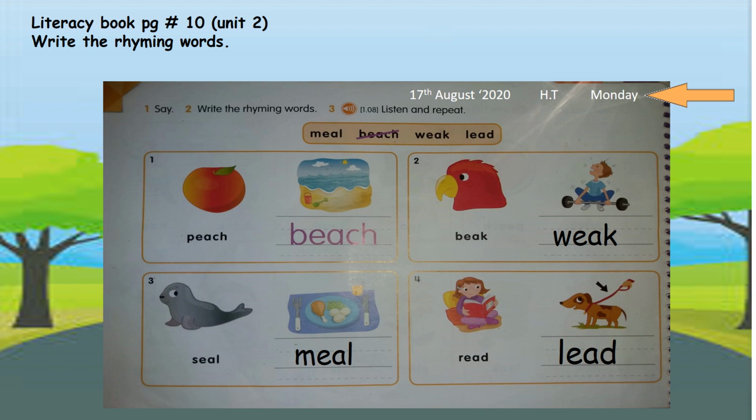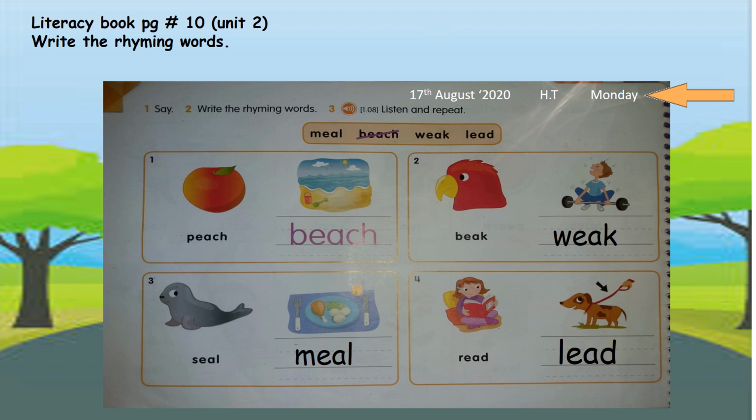Okay, now look at the page. Some words are given in the word bank like meal, beach, week and lead. Look at each picture, and some pictures are with the words given under them like peach and beach.